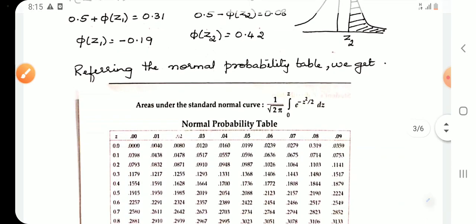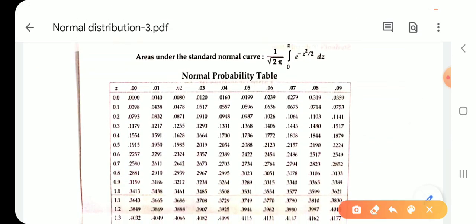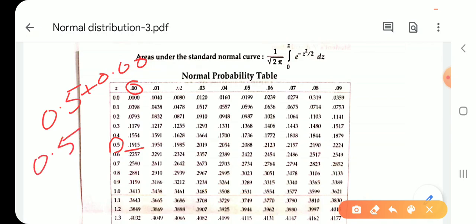If I find 0.19 in the table, we get it around here, approximately 0.1915, which can be written as 0.19. So we get the value of Z as 0.5 at 0.00, that is 0.5 plus 0.00, which is 0.5.